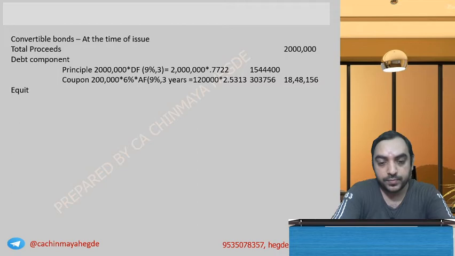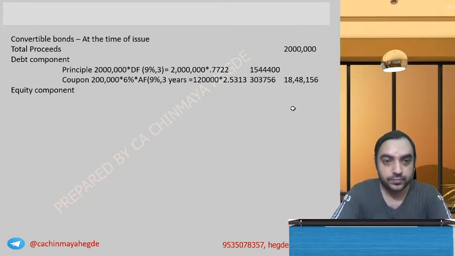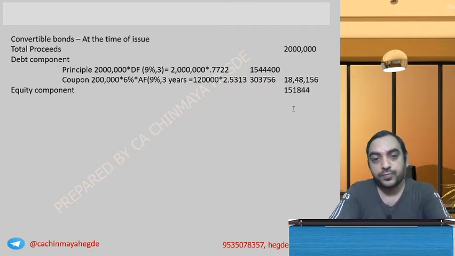Equity component is the balancing figure, but we don't use it. You can write it for your reference: 1,51,844.